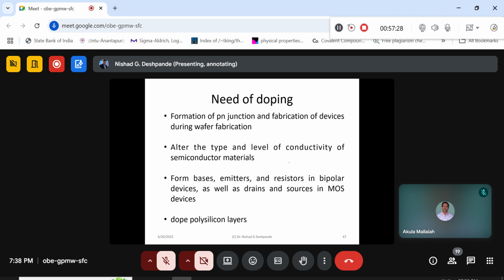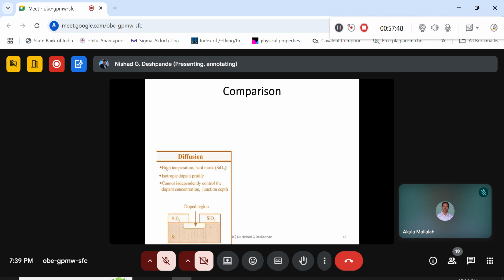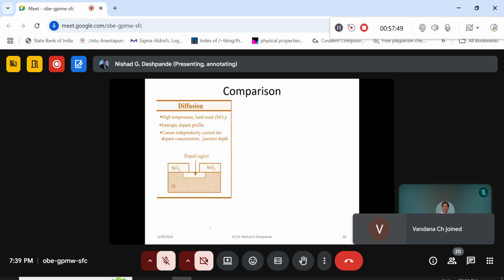We can form different kinds of bases, emitters, resistors, drains, capacitors, whatever we want. We can also take the crystalline silicon, or polysilicon, and dope that again. So let me give a very quick understanding of the diffusion process and the ion implantation process.